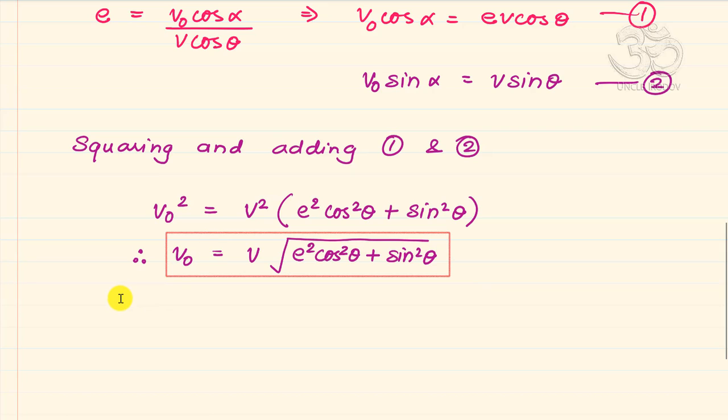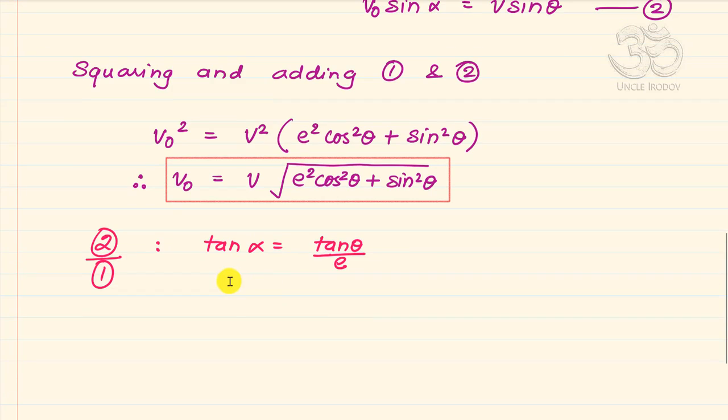So you do 2 divided by 1 and you will end up with tan alpha is equal to, sorry, not E times, you will have tan theta times tan theta by E. So this is the equation that you are going to get if you have 2 divided by 1, and we know that since E is going to be less than or equal to 1, in fact, okay, let's have the equality anyways.